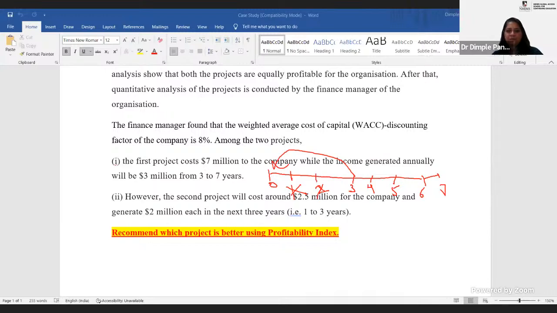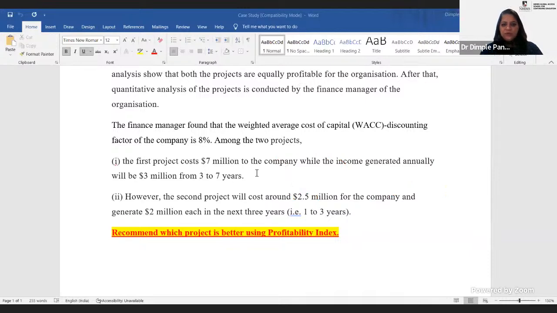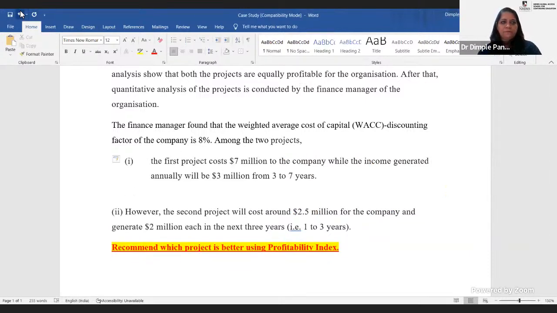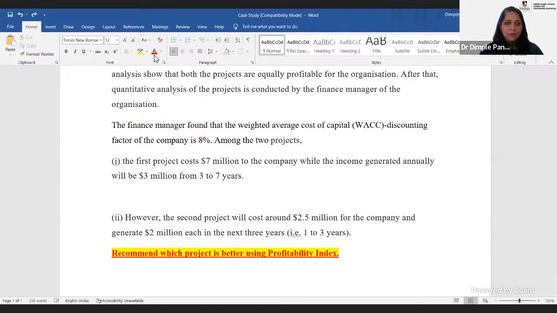Sure, I'll do that. So here I'm saying my present value of cash inflows would be equal to 3 million divided by 1.08 raised to 3, because I'm not receiving anything for the first and the second year.